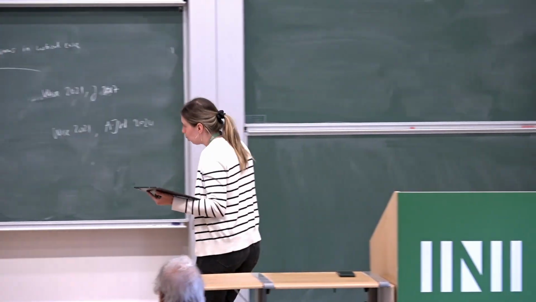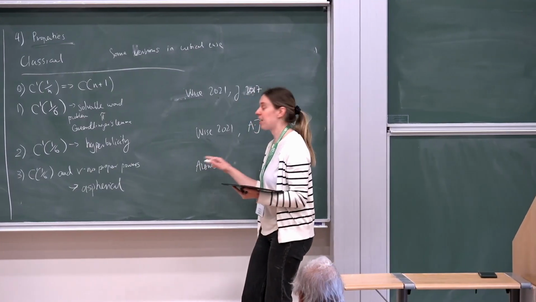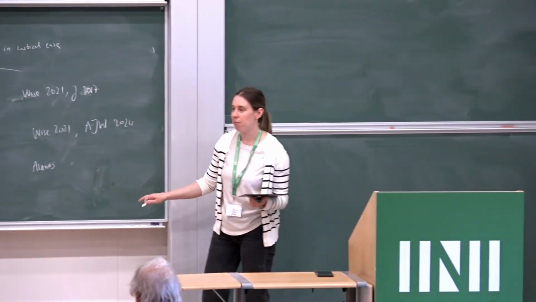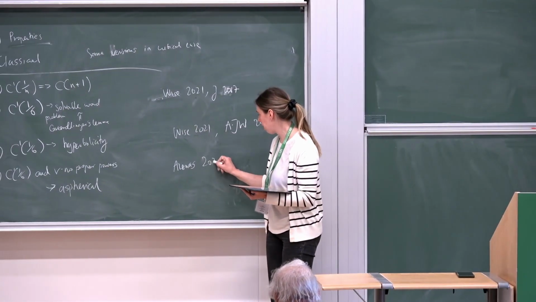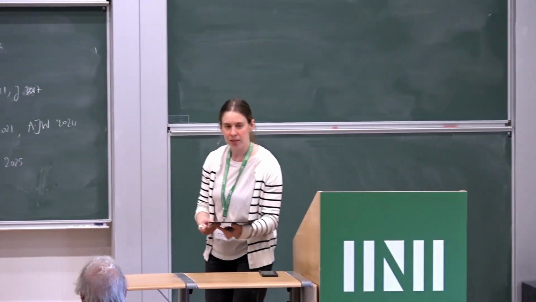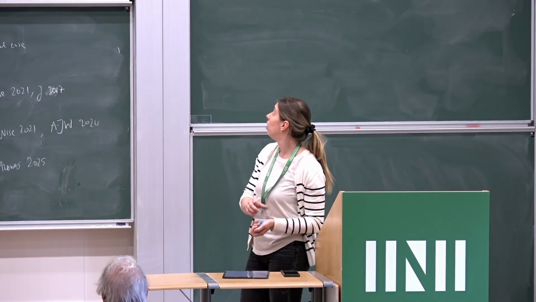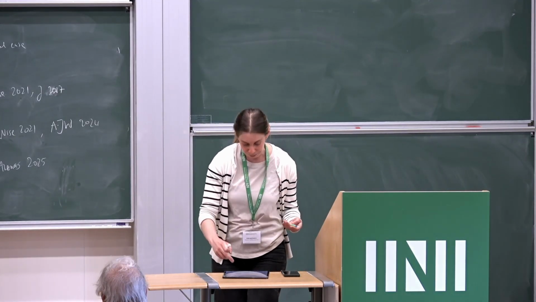So groups are two-dimensional, and there are also some versions of that statement in the cubical case due to Macarena, where in particular she can estimate the dimension of the group based on the dimension of the original data.